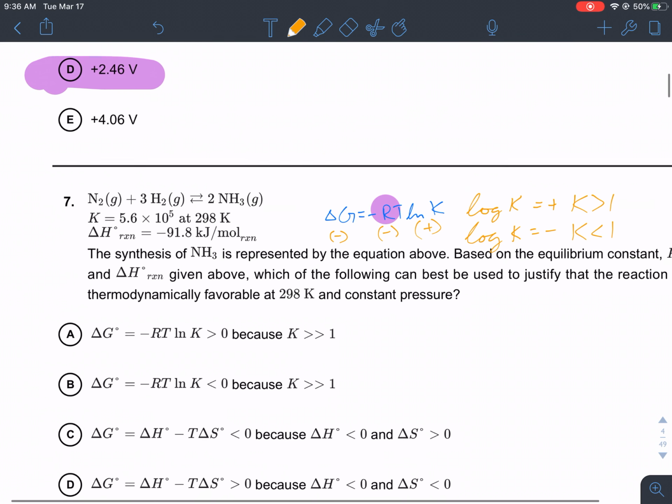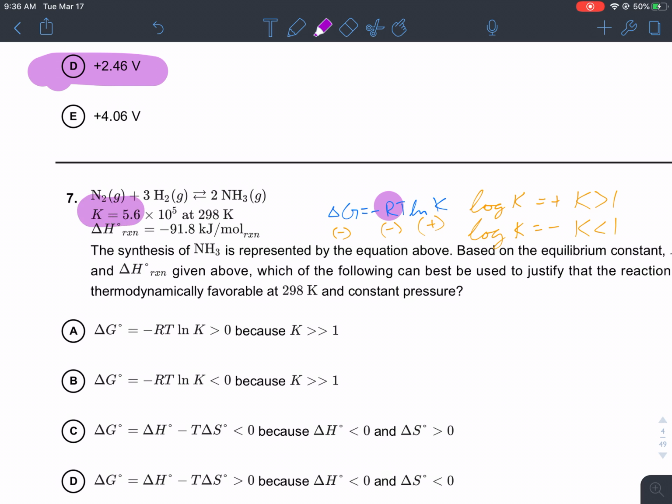So what do we have in this scenario? This is our K. That is a huge K. There's a ton of products and very little reactants, meaning that the K is way greater than 1. If the K is greater than 1, then you are going to be thermodynamically favorable. Your delta G will be negative.